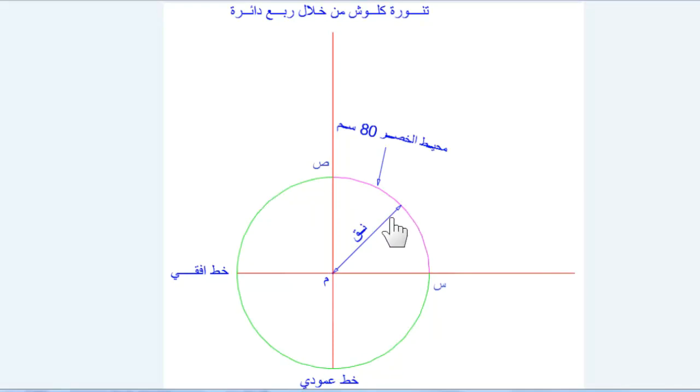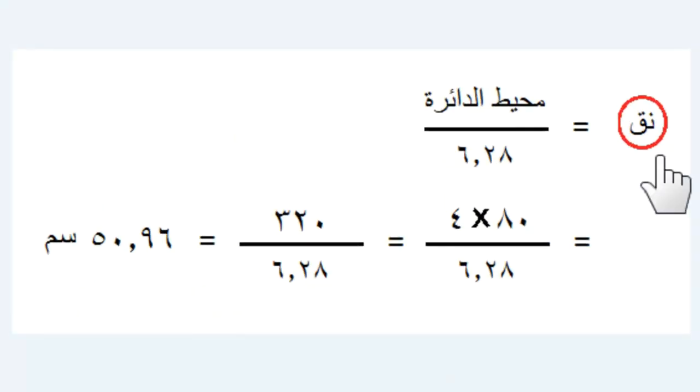So the circulation equals 80 plus 80 plus 80 plus 80, or 80 times 4. Circulation of the circle divided by 6.28 equals 4 times 80, which is 320 divided by 6.28, equals 50.96 centimeters.